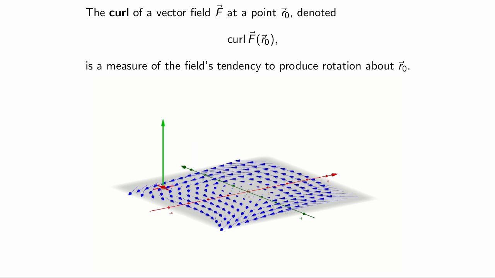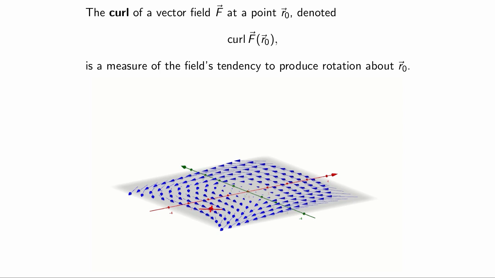The curl vector has a larger magnitude at the new location because the field induces a faster rotation at that point. Let's move the point again. Notice that the curl vector still points up, but its magnitude is decreasing, indicating less and less of a tendency to rotate counterclockwise.